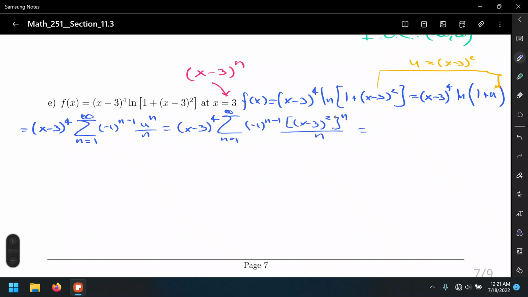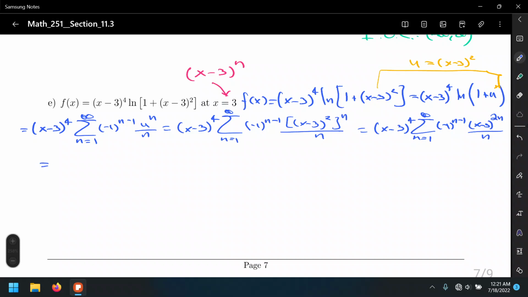And well, this is going to be power of another power, multiply the powers, so that's (x minus 3) to the fourth, sigma n equals 1 to infinity, negative 1 to the n minus 1, that's (x minus 3) to the 2n over n, and I'm going to put this inside because this is (x minus 3) to the 4 times (x minus 3) to the 2n.